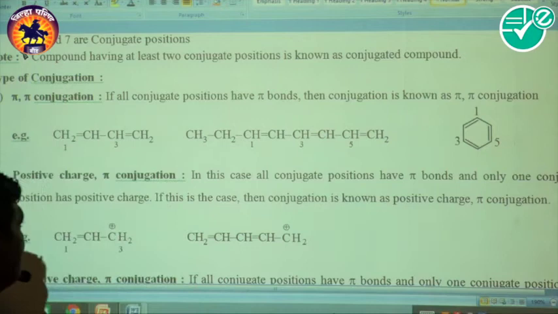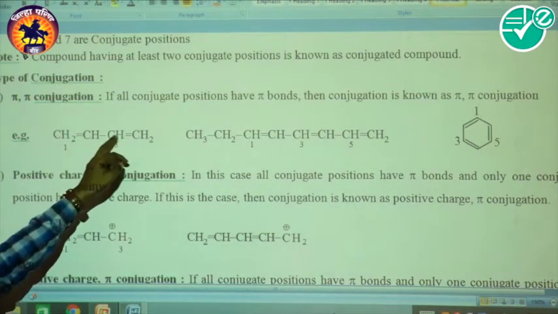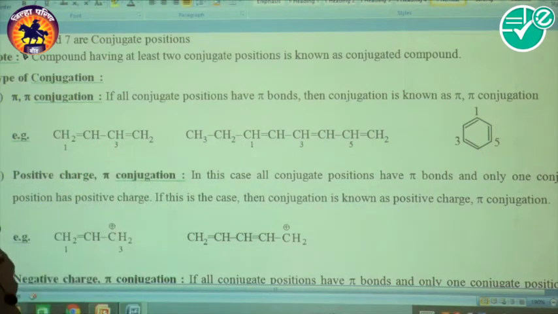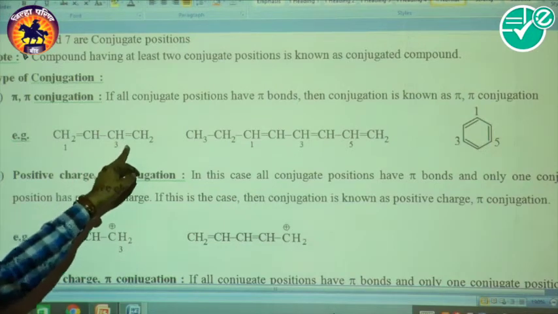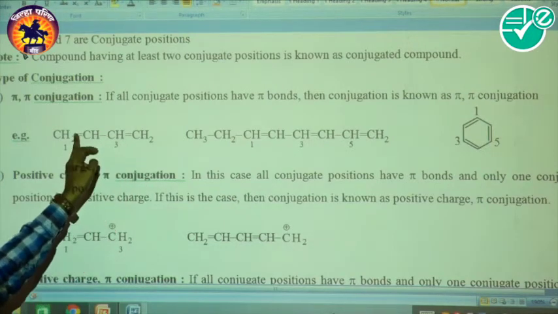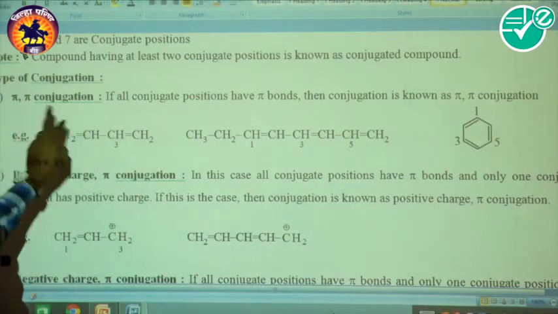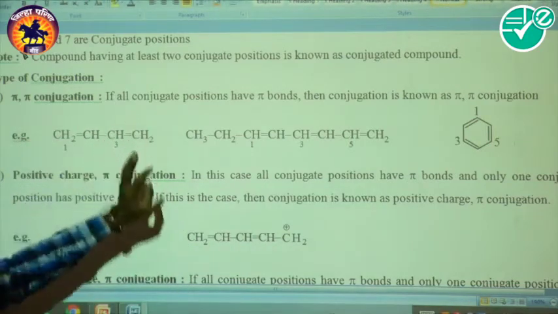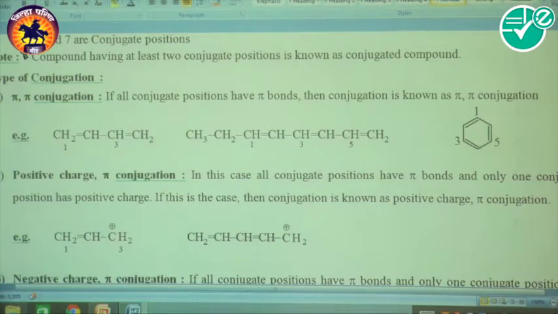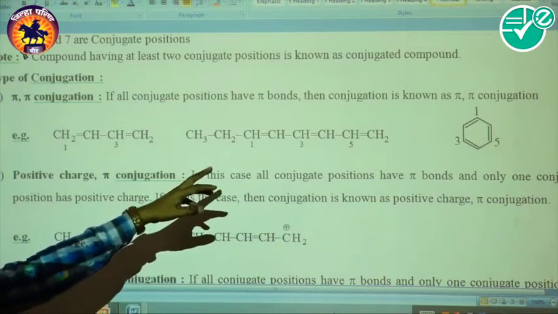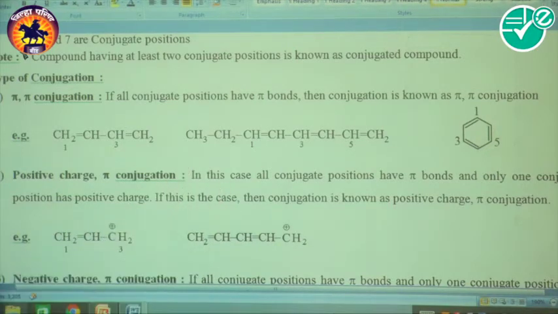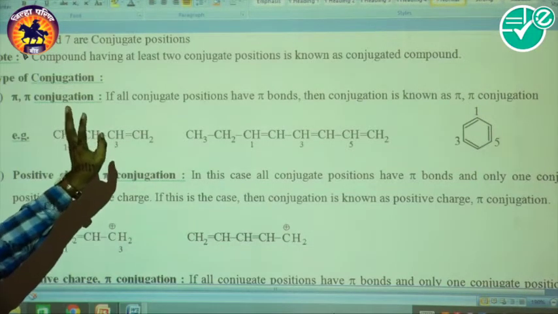Pi conjugation means alternate single and double bonds are there, so the pi bond is conjugated to the other one: double bond, single bond, double bond. This is called pi conjugation. If all conjugated positions have pi bonds, then the conjugation is known as pi conjugation.